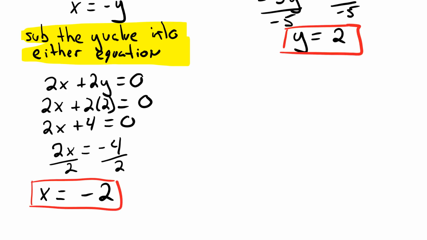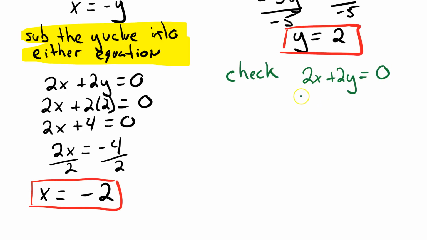So I'm going to go into the green color here. And I'm going to take both equations and make sure that negative 2 and 2 are the ones that work. So the first equation was 2x plus 2y equals 0.